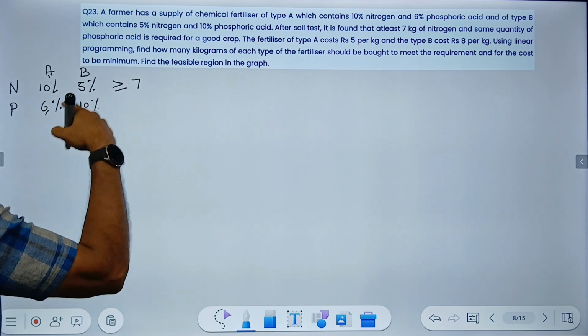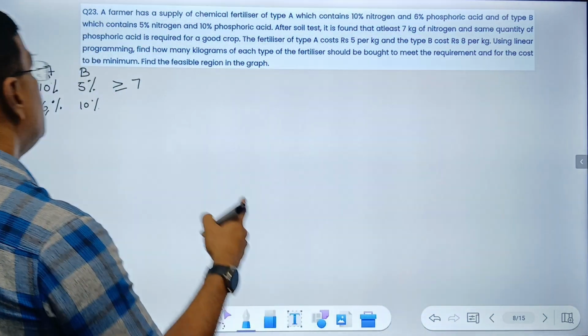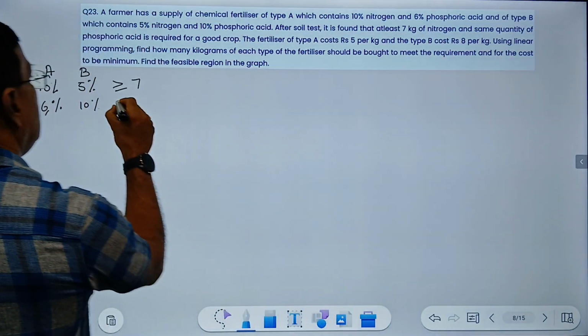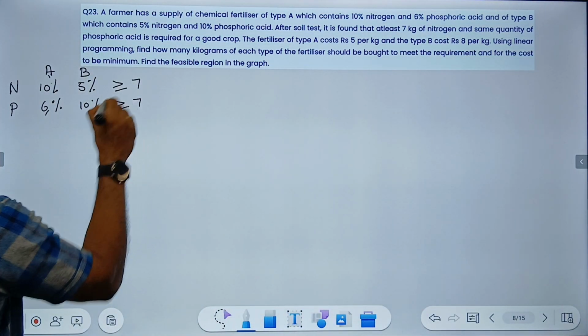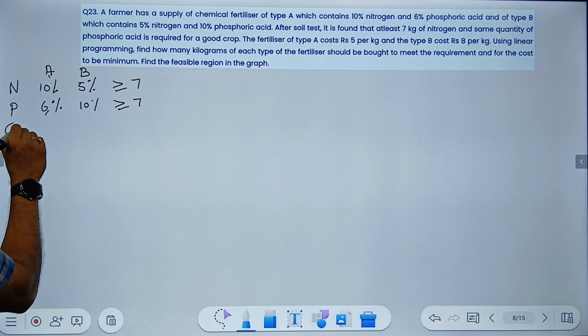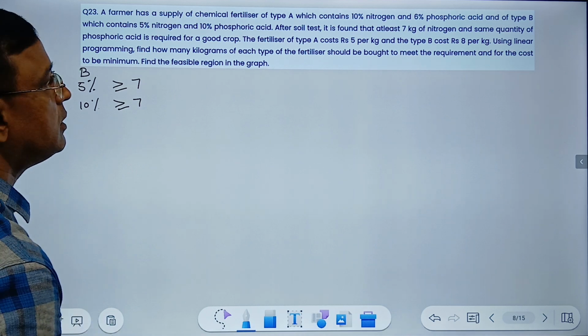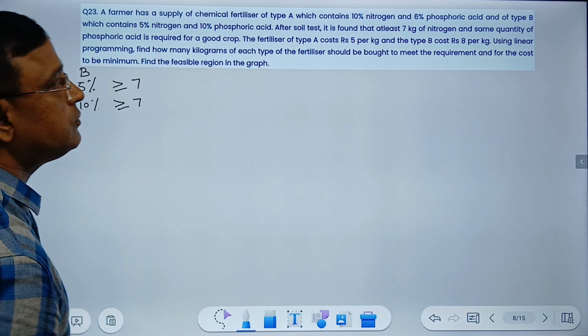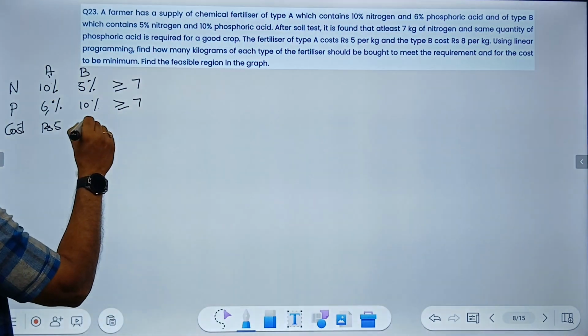So at least means greater than or equal to 7 kg of nitrogen, and it also contains the same quantity of phosphorus, so it is also 7. Okay. Now what is the cost? Cost is rupees 5 per kg. This is costing rupees 8 per kg.